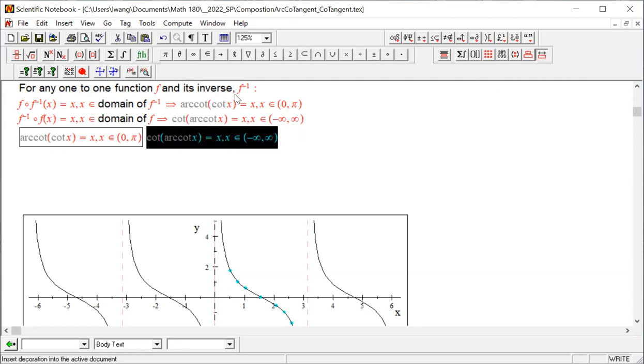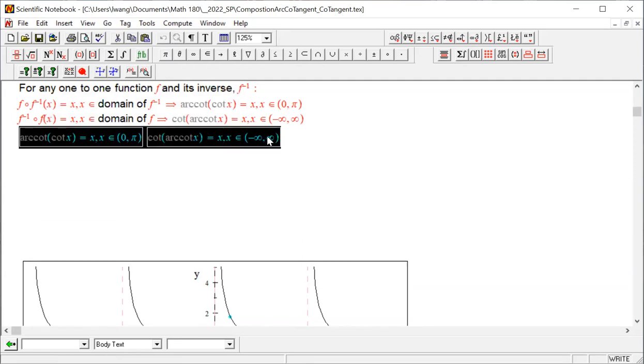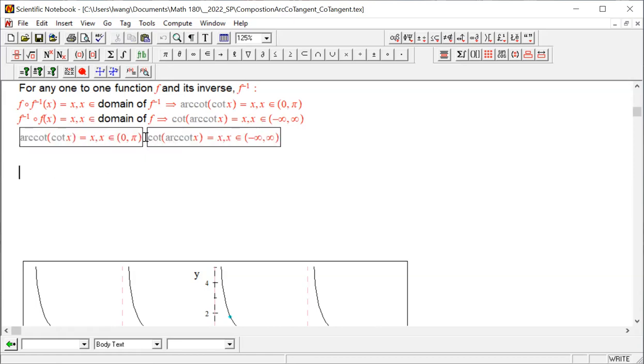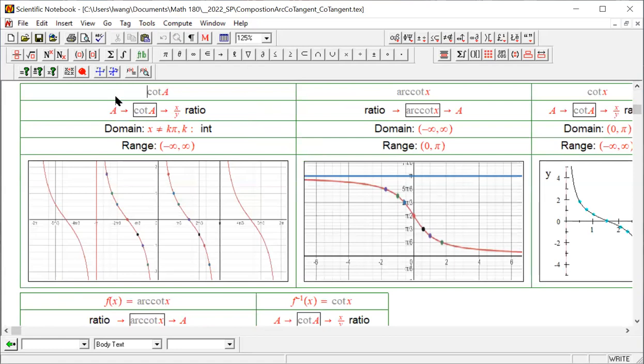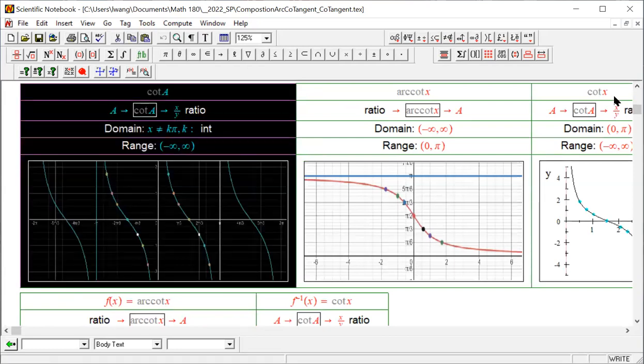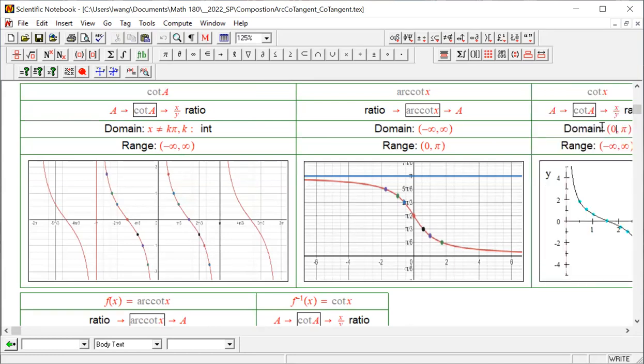Using them is fairly straightforward, and you can treat this as a shortcut, because whenever we deal with cotangent, we always refer to this one, unless otherwise specified. If we refer to the other one, we will specify it by indicating the domain of that function. I hope that makes sense.